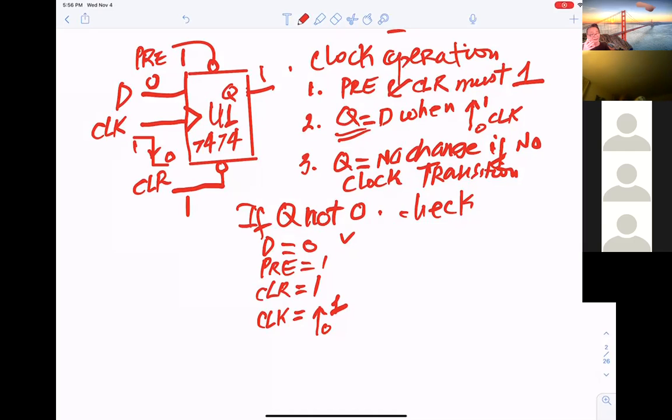If you understand one flip-flop, you can understand the next one more easily. You get only two flip-flops in the commercial world: one will be D, another one will be JK. We are already done with the D flip-flop.